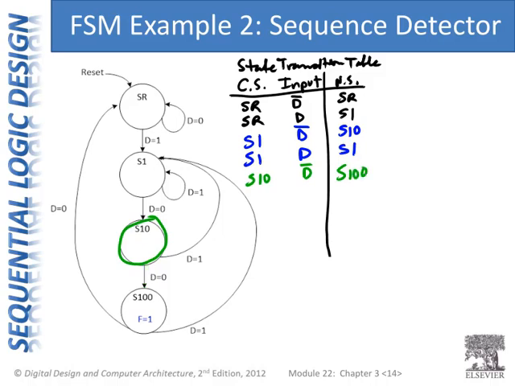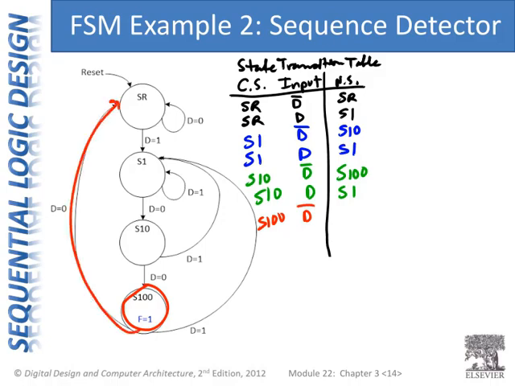If we're in state S1, 0 and D is high, then we should go to S1. If we're in state S1, 0, 0 and D is low, then we should go to state SR, the reset state. If we're in S1, 0, 0 and D is high, then we should go to state S1.